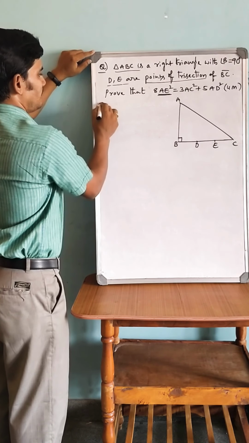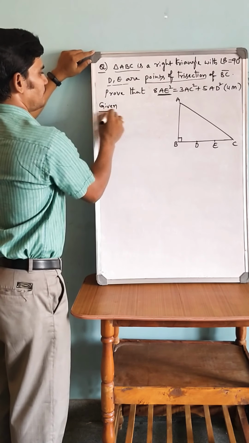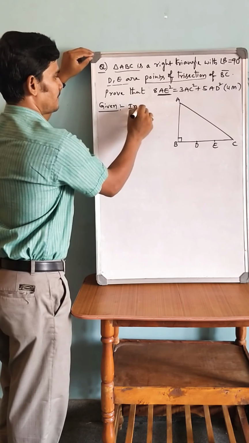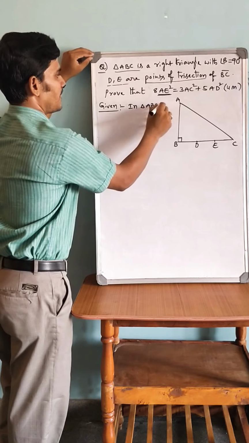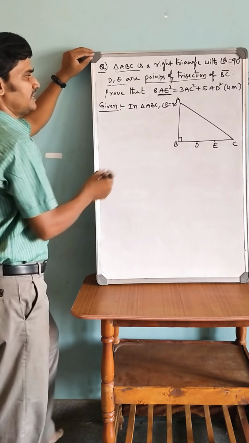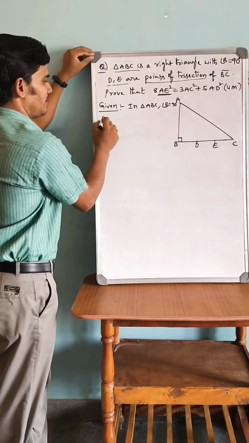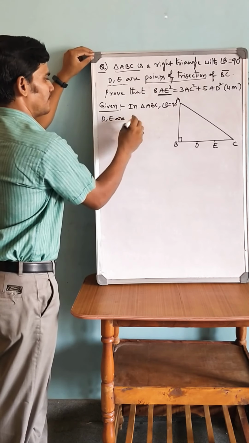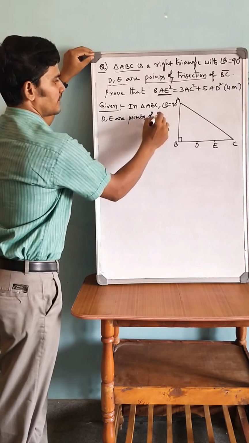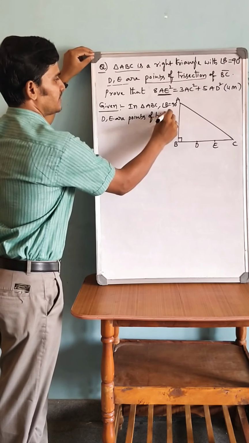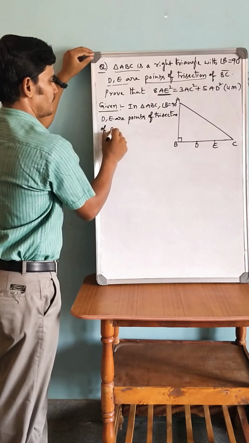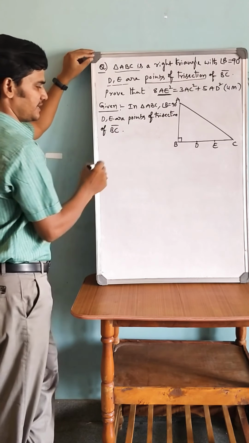Now, let us go for the proof. What is given first? In triangle ABC, angle B is equal to 90 degrees. That is a right triangle. And D, E are points of trisection of BC bar.